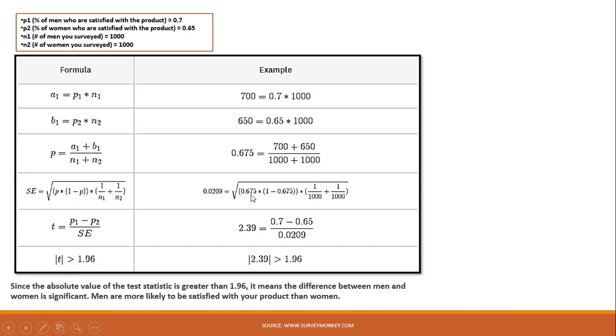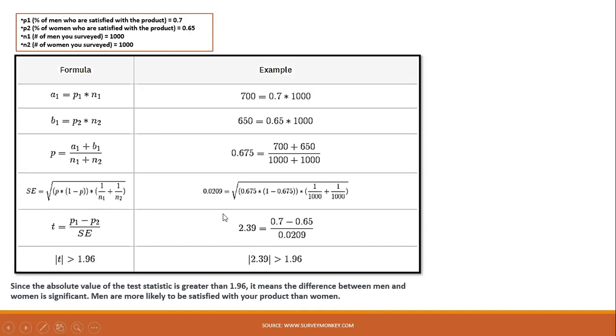So P 0.675 times 1 minus P 0.675 times 1 over 1,000 plus 1 over 1,000 equals 0.0209. Okay, now another formula: 0.7 minus 0.65 divided by 0.0209 equals 2.39.